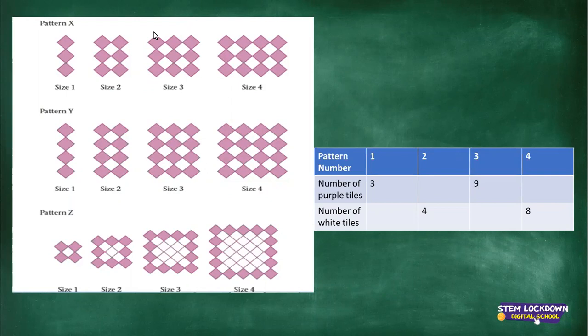We're still looking at pattern X. I have for size 1, the answer is 0. That's correct. Size 1 is 0. There are no white tiles presented on the size 1 pattern.